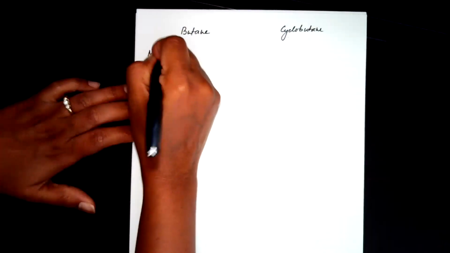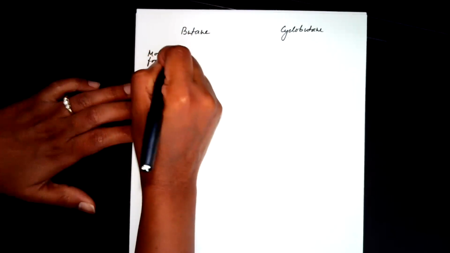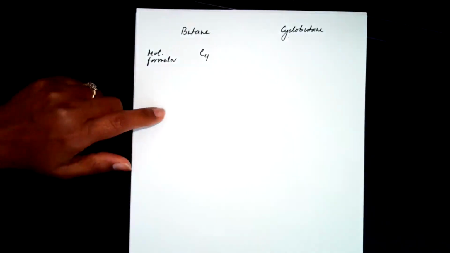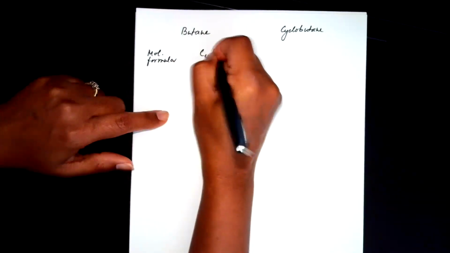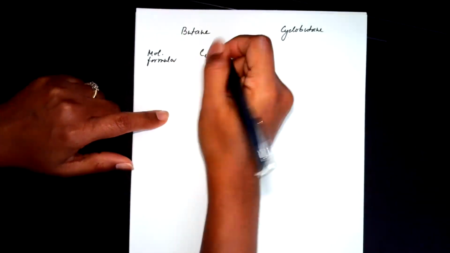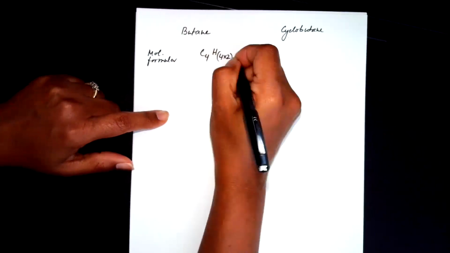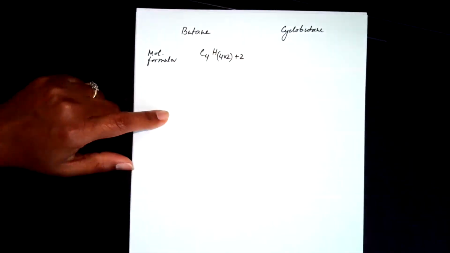Let's start with the molecular formula. So I have a C4. According to the general formula for acyclic alkanes, I should have 4 times 2 plus 2 more hydrogens.